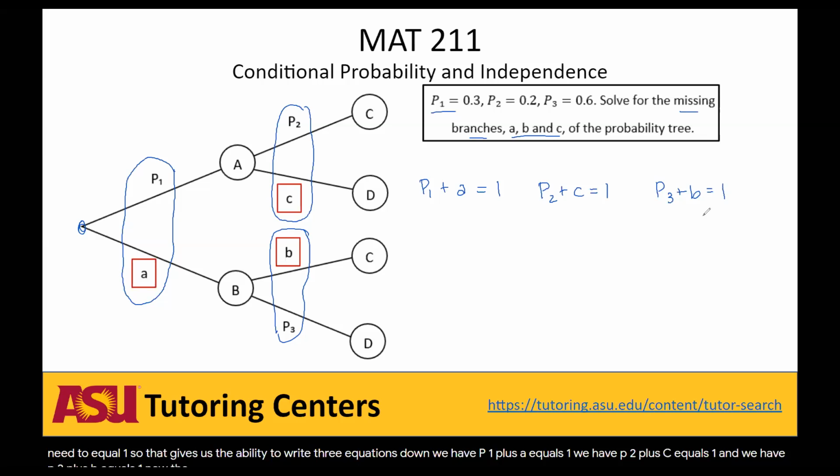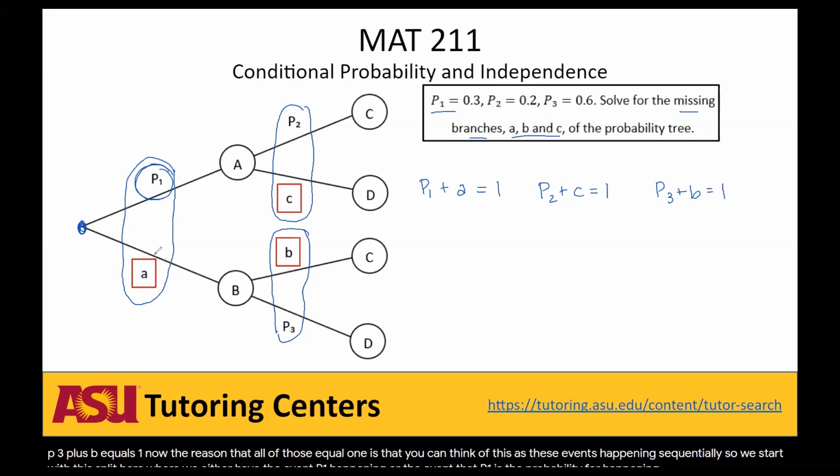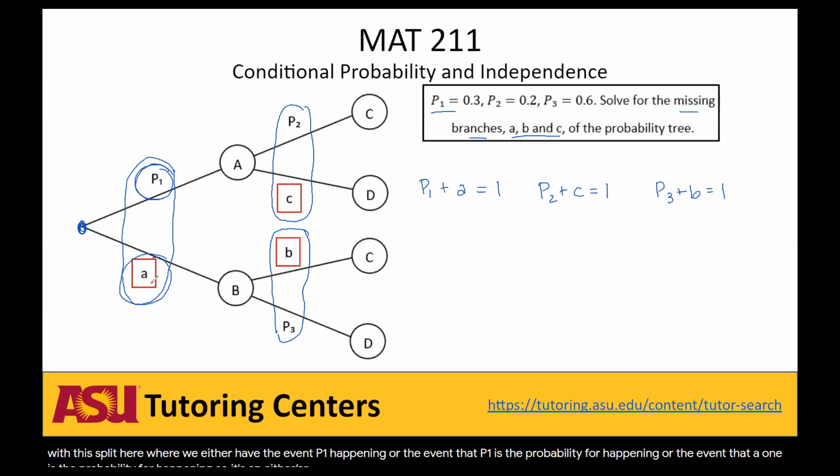Now the reason that all of those equal 1 is that you can think of these as events happening sequentially. We start with this split here where we either have the event that P1 is the probability for happening, or the event that A is the probability for happening. So it's an either-or situation.